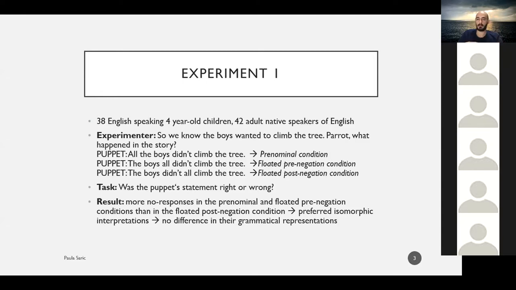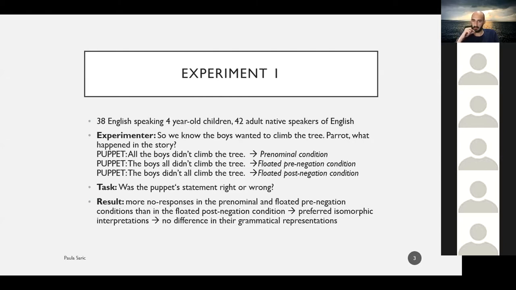At the end of each story, the puppet was asked a question by the experimenter, like, what happened in the story. And the participants' task was to determine whether the puppet's statement was right or wrong. If it was right, they put a stamp under the smiley face, and if it was false, they put a stamp under the sad face.